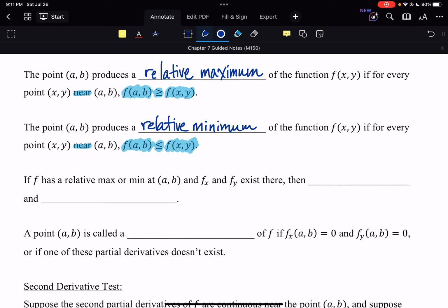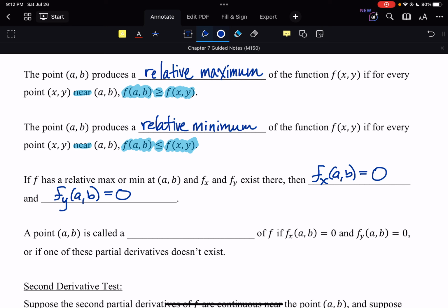So we can say if f has a relative max or min at (a, b) and f_x and f_y, the partial derivatives, exist there, then f_x of (a, b) equals 0 and f_y of (a, b) equals 0.